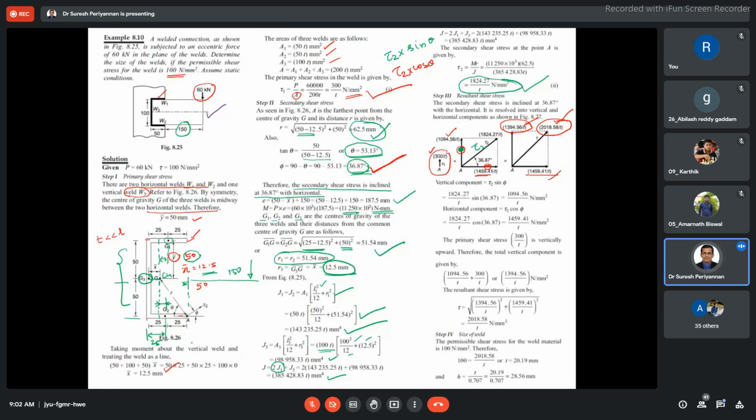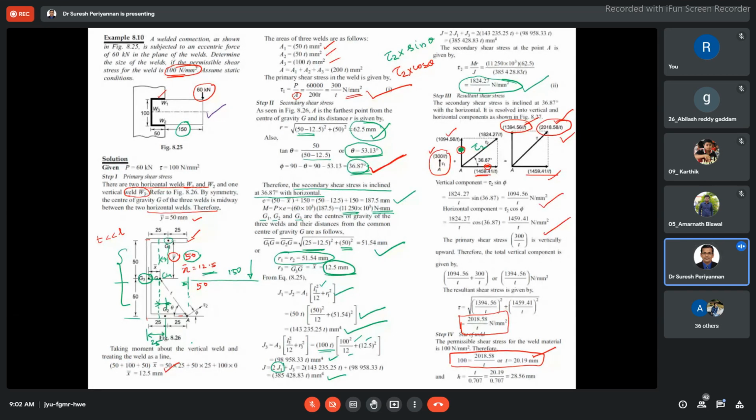Now our permissible stress is given. Equate both and you are going to find our thickness of the weld. Thickness of the weld is 20.19 mm.